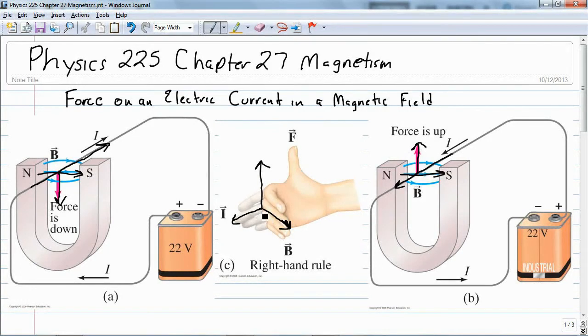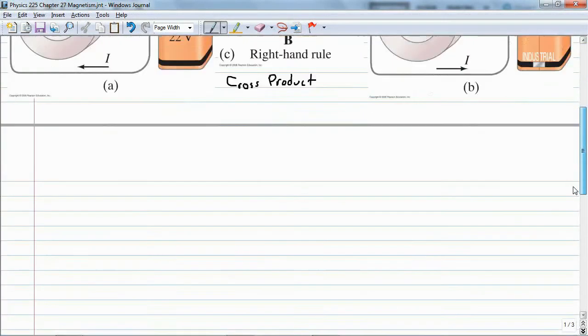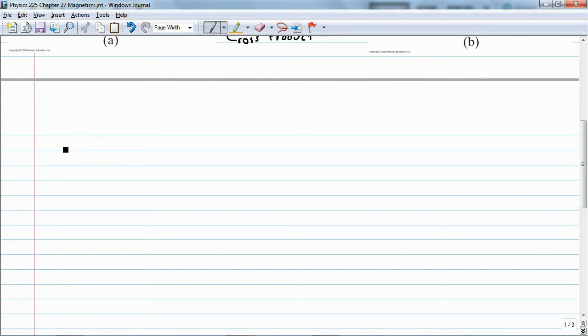Now, anytime we look at two vectors and the resulting vector is in a third dimension, this should make us think of the cross product. And this is a true example of a cross product.